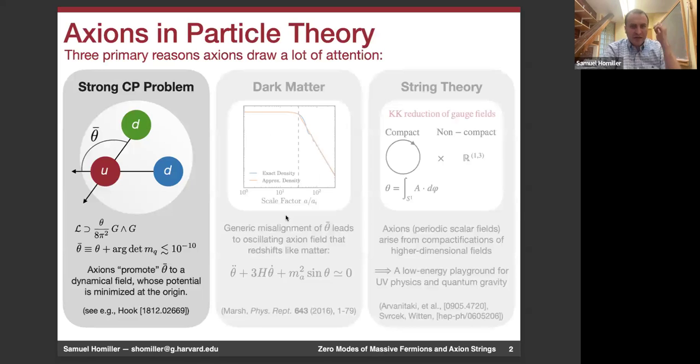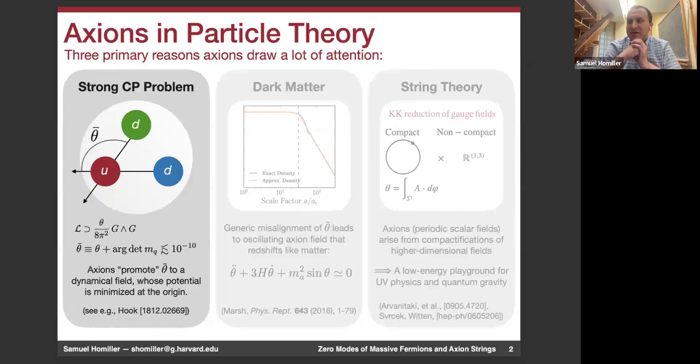So the first, of course, is the strong CP problem. And in case any of you haven't heard about this, the idea is essentially that if you think about the standard model properly, the gauge theory, there's this additional parameter, the theta term, the coupling to G G dual, and the invariant combination theta bar plus the argument of the determinant of the quark mass matrix, is in principle just a measurable parameter.